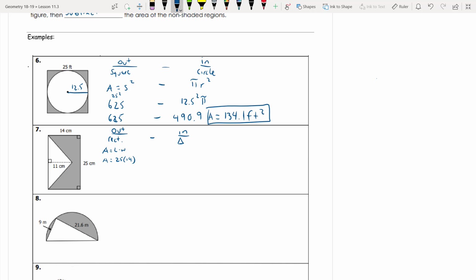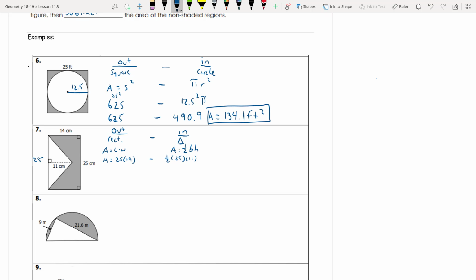And the area of my triangle is 1/2 base times height. And it appears that my base is going to be the 25 right here, and my height is the 11. So I'm going to do 1/2 times 25 times 11. And at that point, you just have to do a little bit of arithmetic.